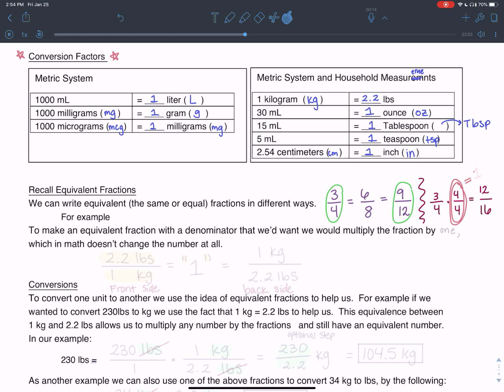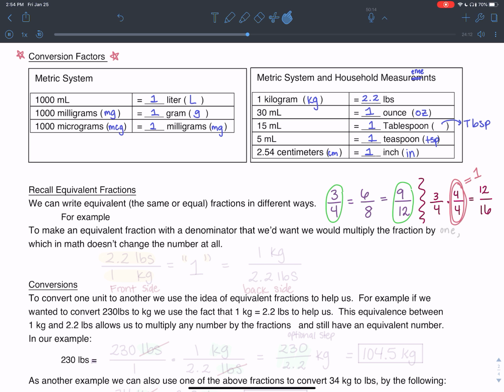Now we're not dealing with building up fractions, but what I am talking about is that if I take a fraction, let's say I take this 2.2 pounds, I'm going to write the units here.